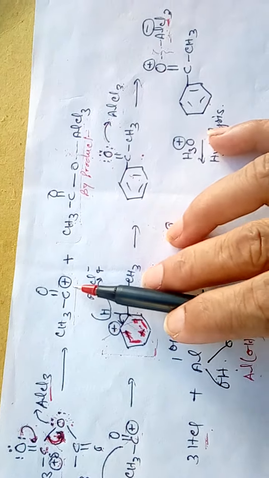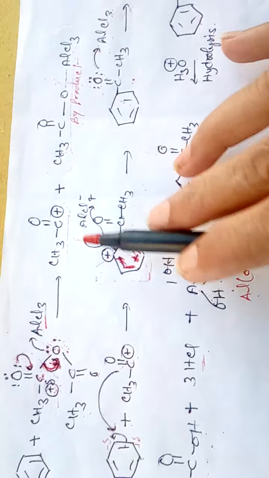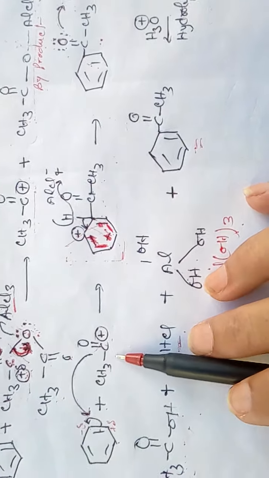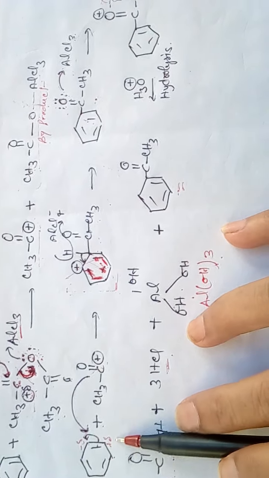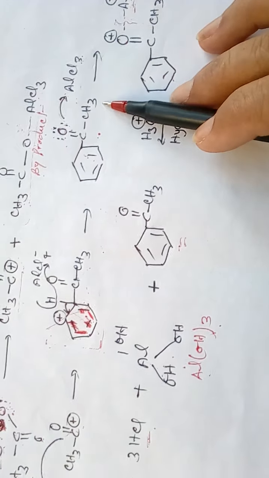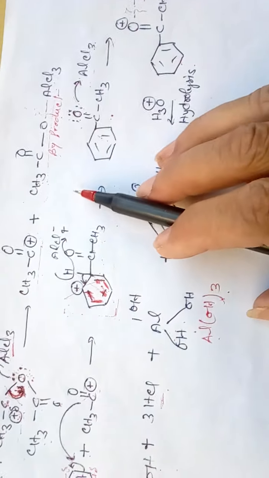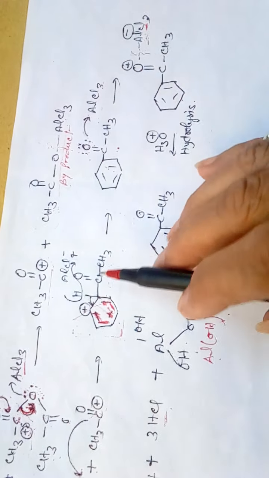Then this acyl carbocation, the acylinium ion, is formed. It attacks the benzene ring and is stabilized by resonance, and at last it gives the acetophenone. Here I have not shown the resonating structure of this.